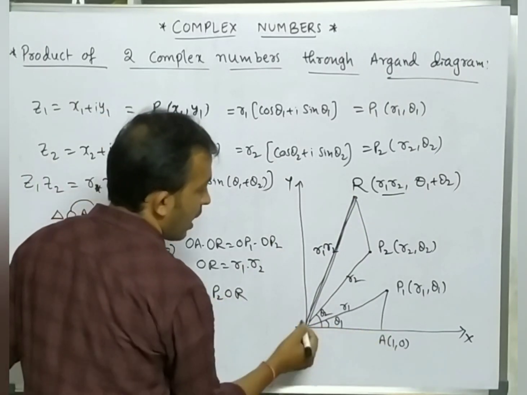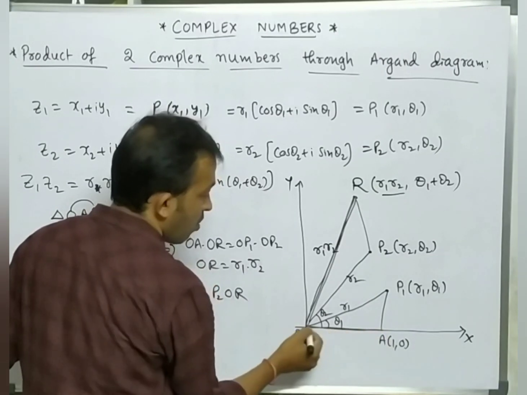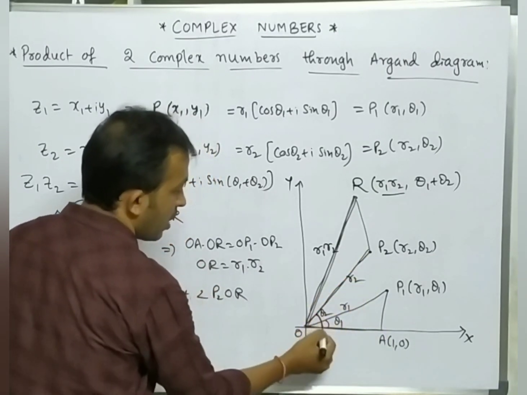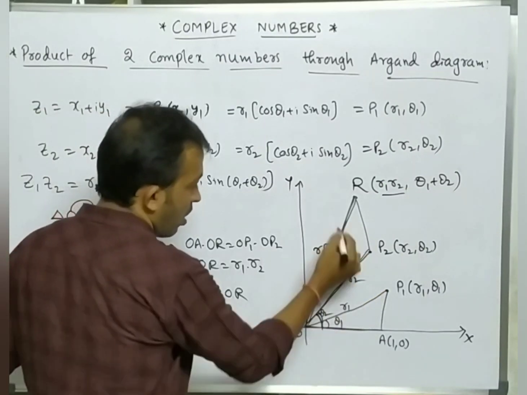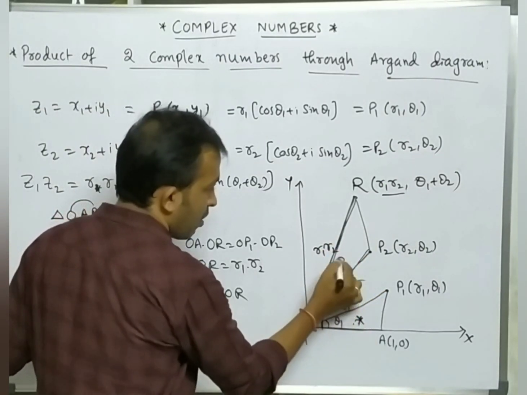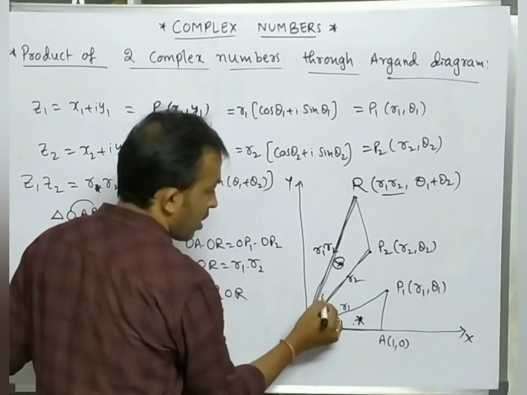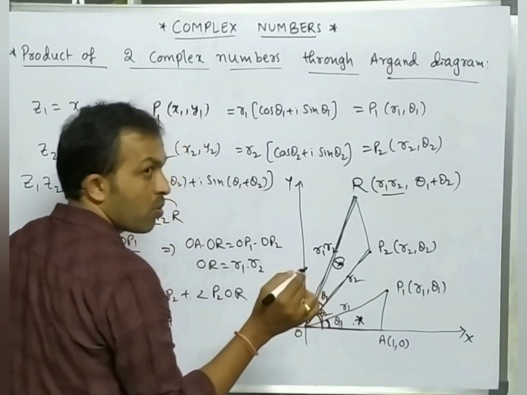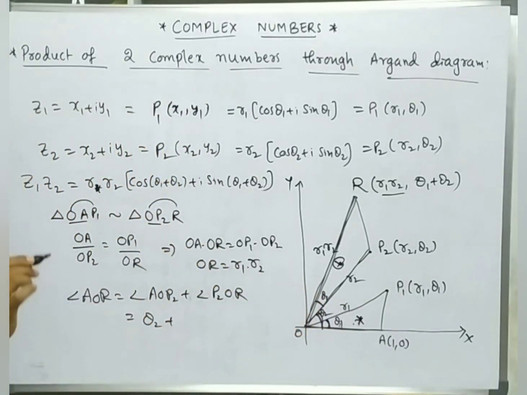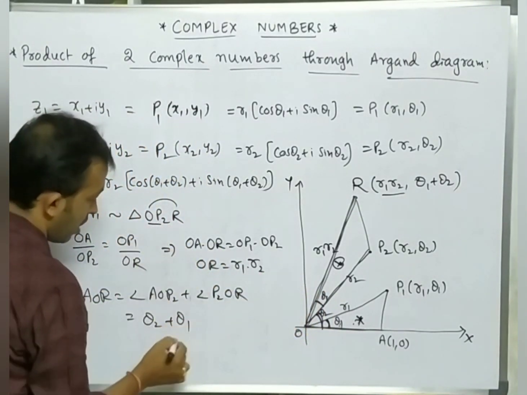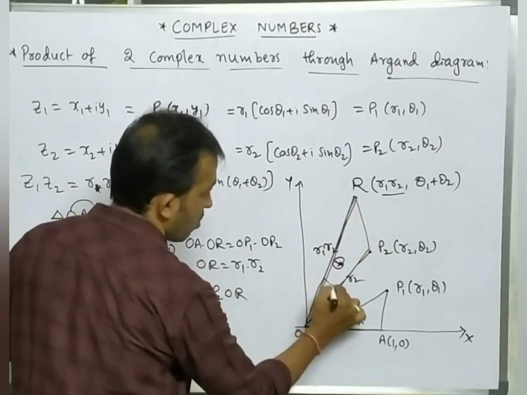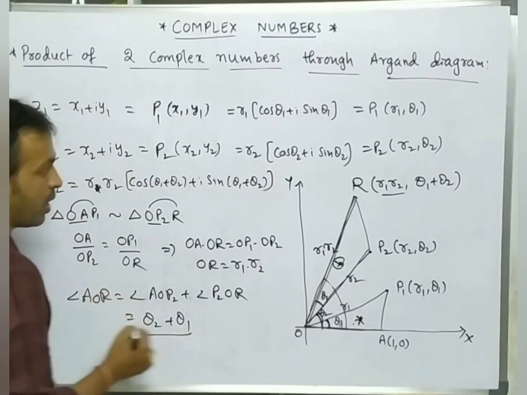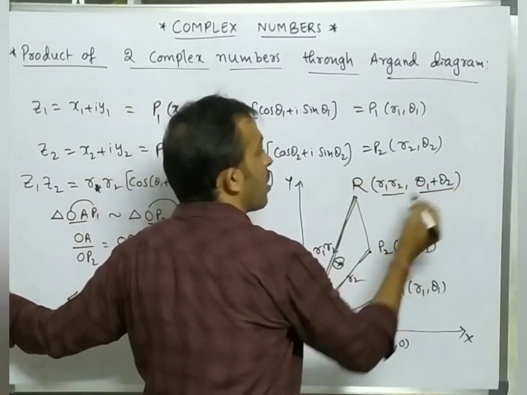Angle AOP2 is theta 2, and P2OR, as these two triangles are similar and corresponding angles are equal, is theta 1. So angle AOR is theta 1 plus theta 2. Therefore this is the angle.